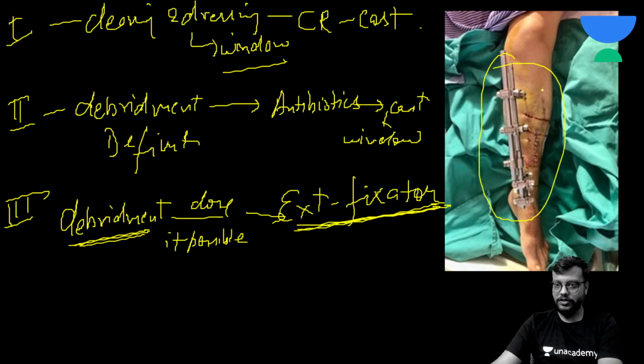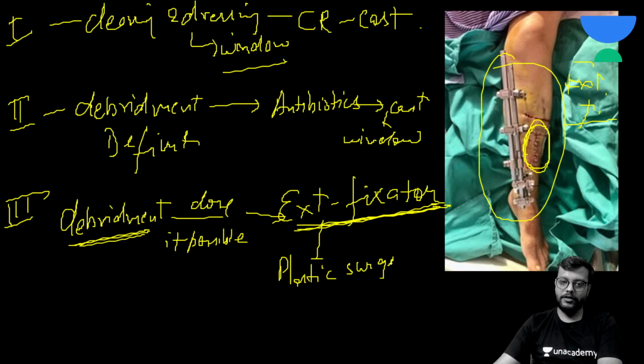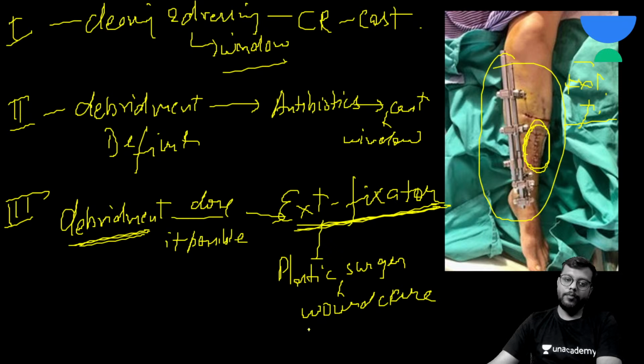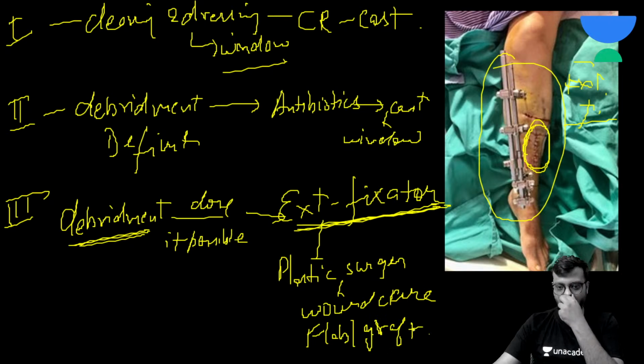See, this is an external fixator. Okay, here the closure has been done, primary closure, and then you transfer the patient to the plastic surgery. There the wound care is done, and proper flap or graft, skin you have to put on the exposed part, है ना.